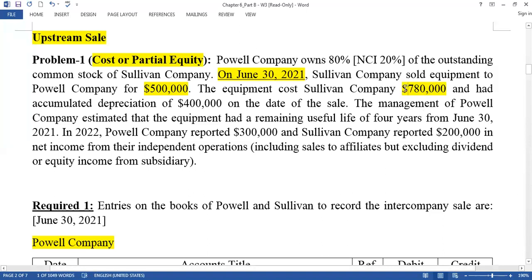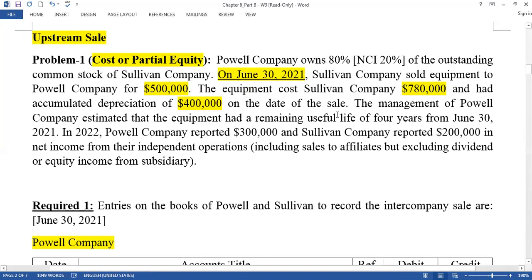So this is the original cost of the equipment of subsidiary. When subsidiary bought this equipment, it was $780,000. When subsidiary sold this equipment to the parent, they charged $500,000. And at the day of the sale, the total accumulated depreciation is $400,000, right?